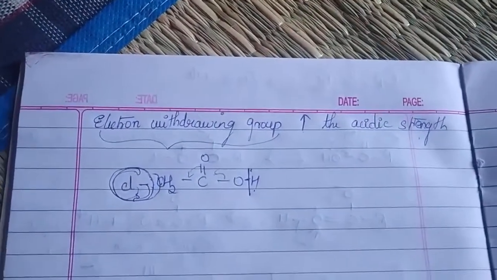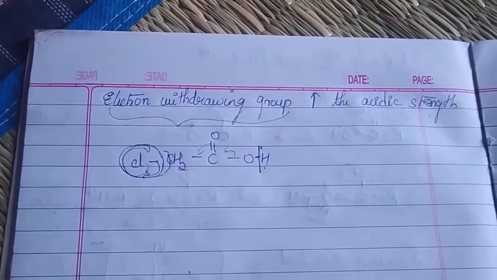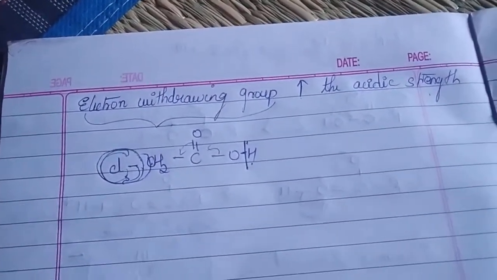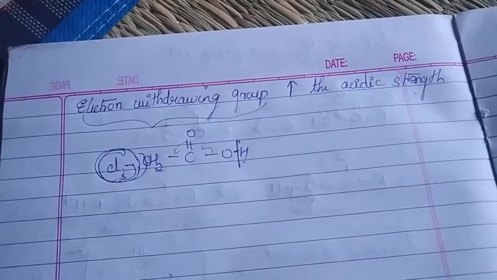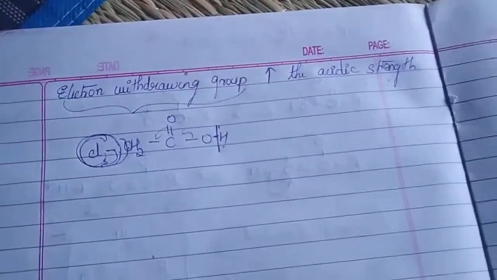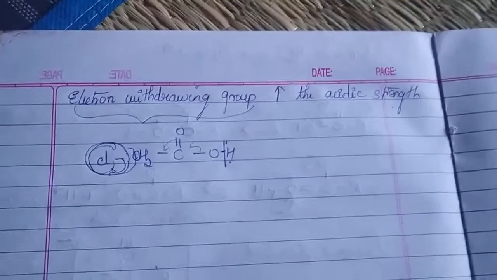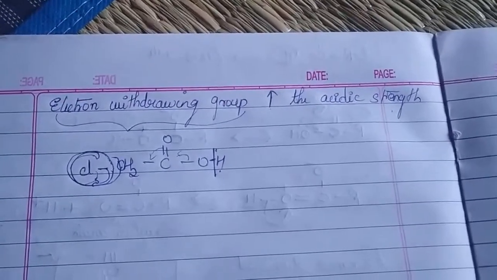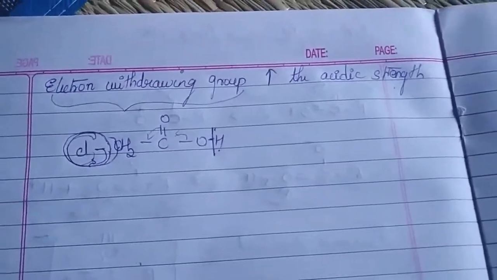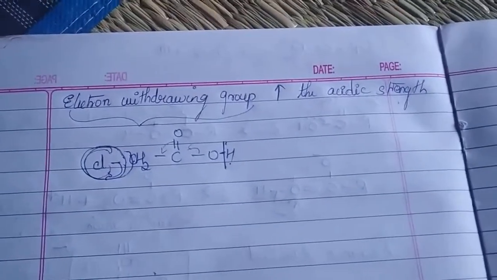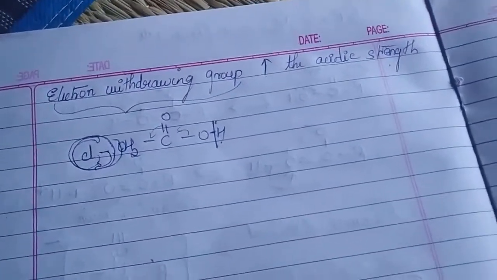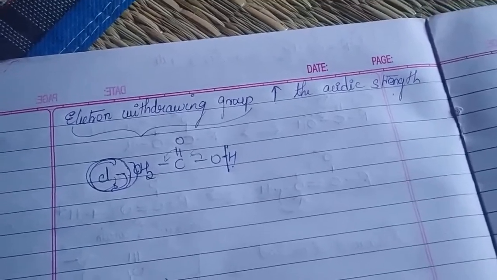So do remember, if they are asking you by giving certain examples, which I am going to show in this video itself, you have to make a list of certain electron withdrawing groups like your Cl and NO2. They are all electron withdrawing groups. Whenever such groups are present in your carboxylic acid, of course it increases the acidic strength.